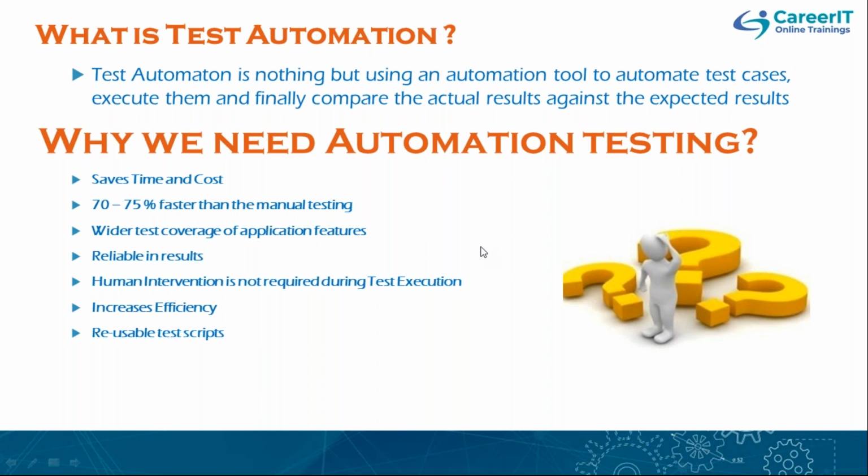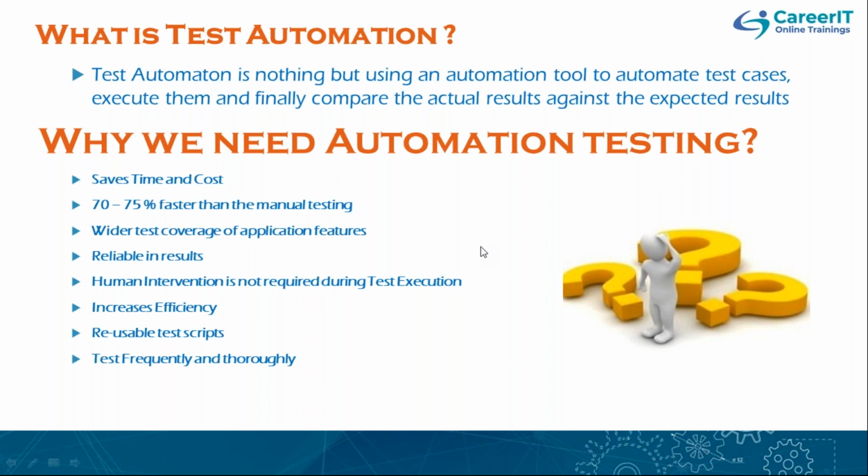Suppose you have written one automation script for logging into the application and you have some 500 test cases. Each test case will have a first step of logging in to the application. Then you can reuse the same script in all your 500 test cases. You don't need to rewrite it again. That is the benefit you get.